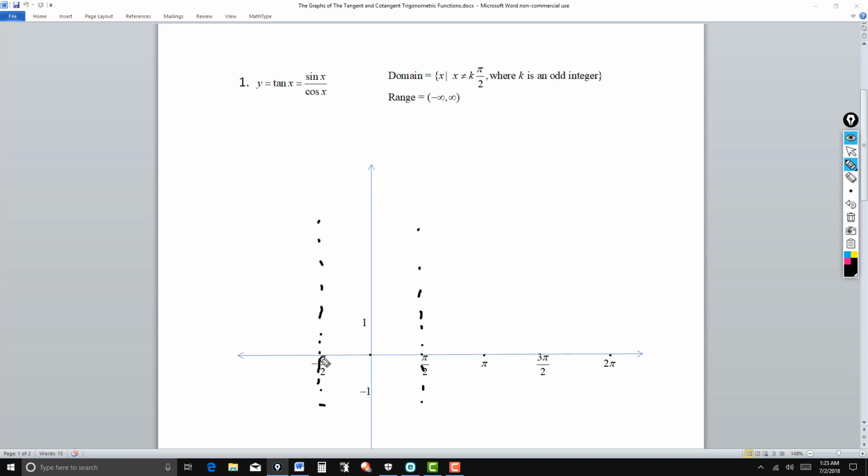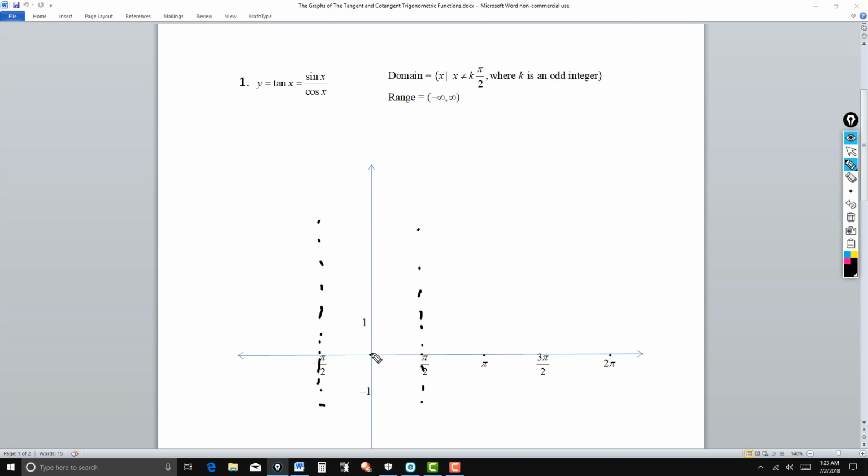But let's look at the graph from minus pi over 2 to pi over 2. So again, if you have a vertical asymptote in an interval, you would expect the graph to approach it. So let's look at the interval from, say, 0 to pi over 2 radians, or 0 degrees to 90 degrees.